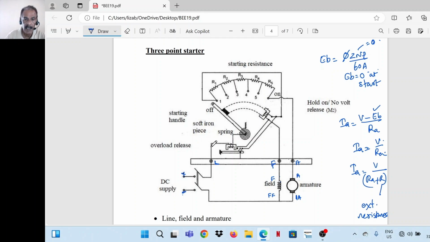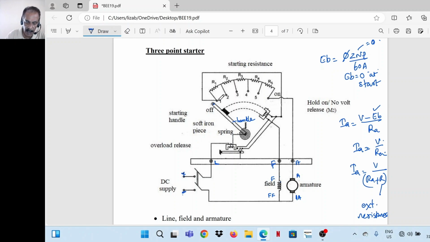Now from here we will trace the connection. See, from here the connection goes like this. There is a magnet here, and from there the connection is made to the handle. This is the handle. So the handle is here, that is the motor is in off position now.